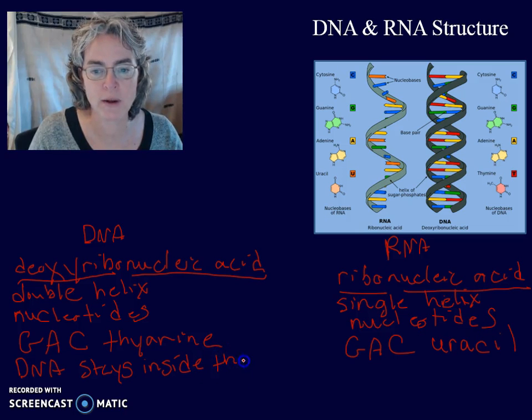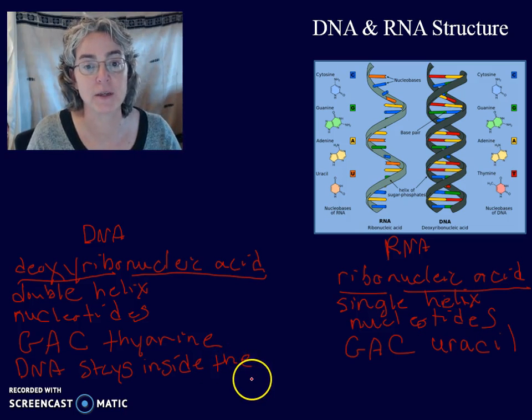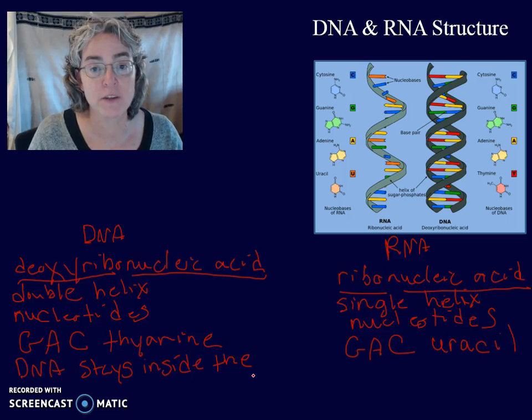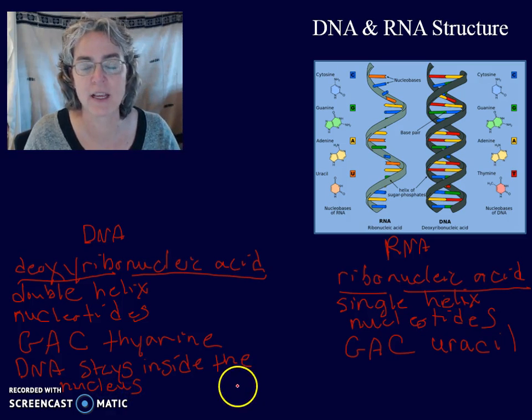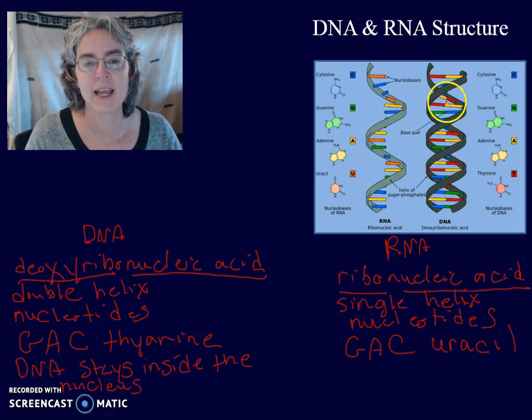The only time it does go outside of the nucleus is during cell division. But all other times, it stays inside the nucleus. So it's double-stranded. It's a stable molecule. It doesn't really react with much.